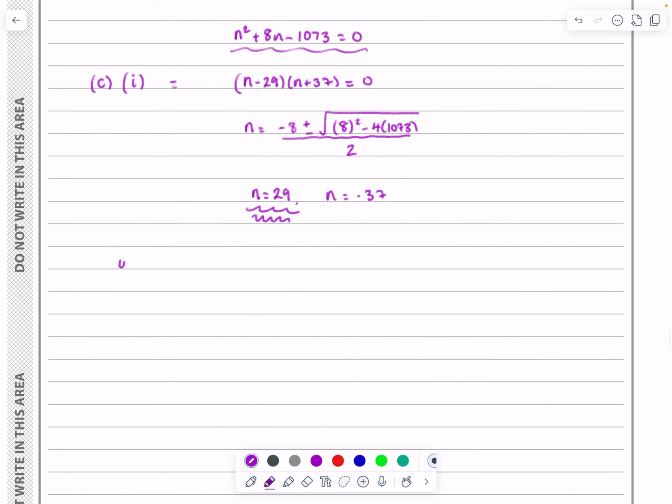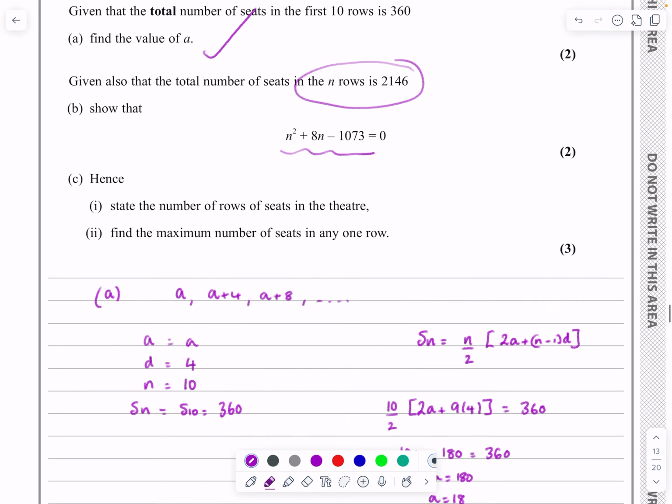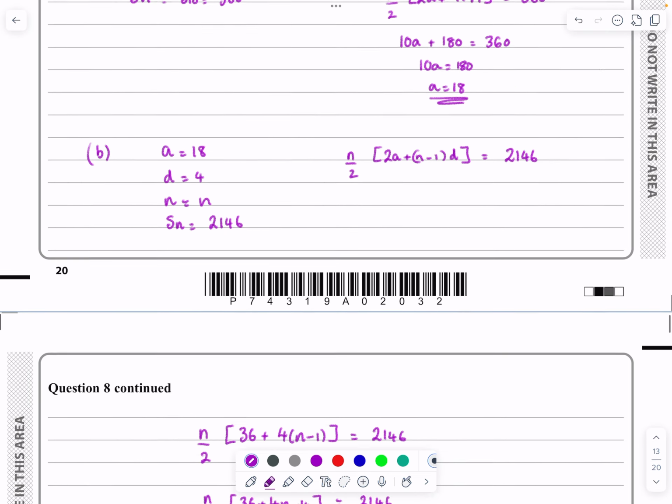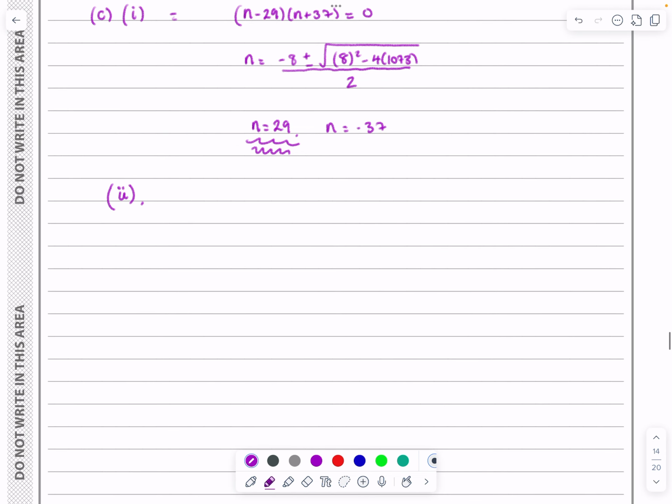And then part 2, what did it say? The language for it was the maximum number of seats in any one row, but we basically want the 29th term. Now the nth term is a plus n minus 1 d.